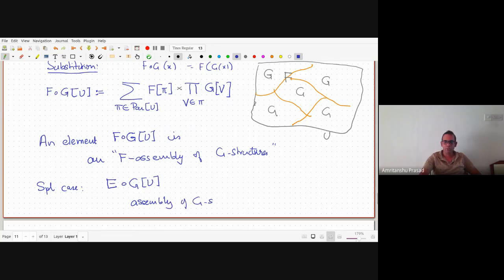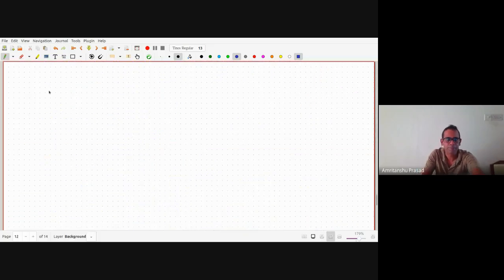So what you're doing is, there's nothing here, it's just a singleton. And what you're doing is you're just dividing your set into subsets, and you're putting a G structure on each subset. So for example, recall that G denotes the species of all graphs.